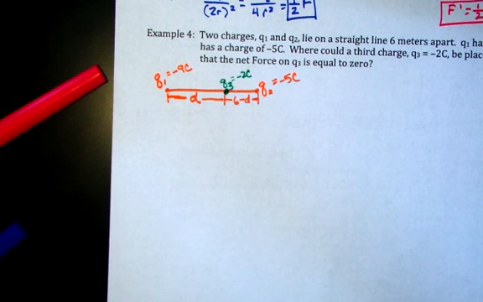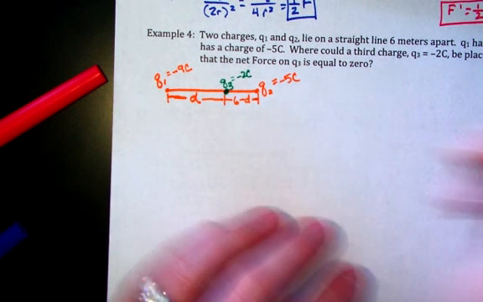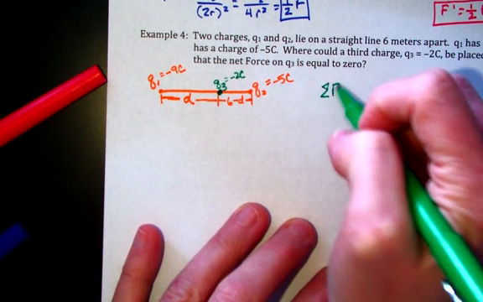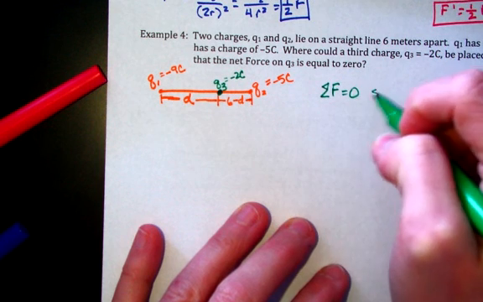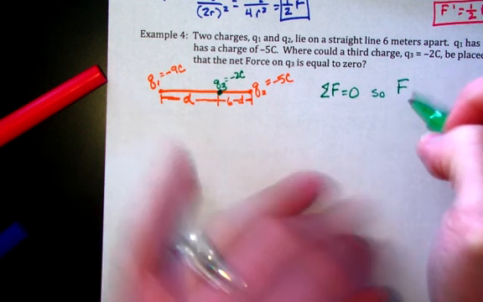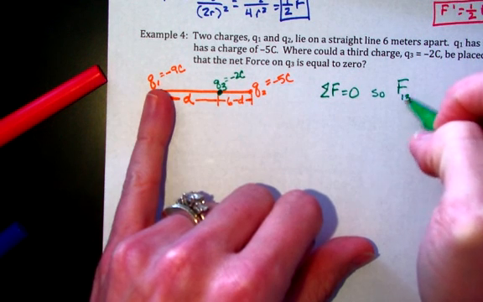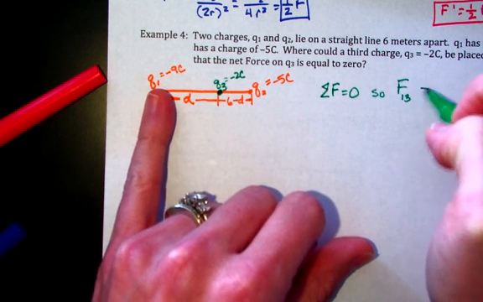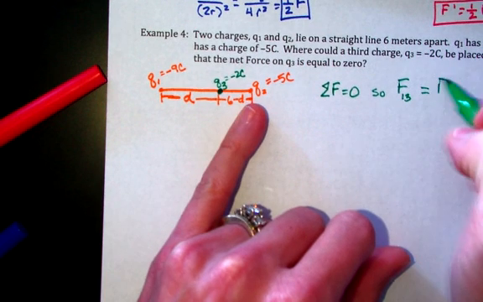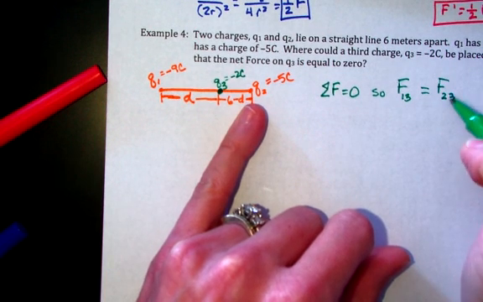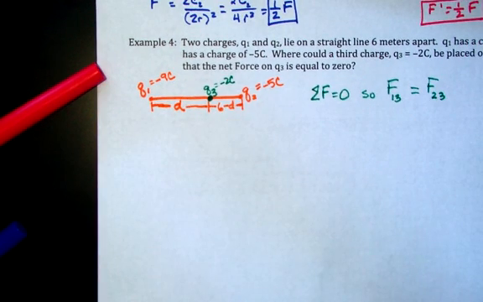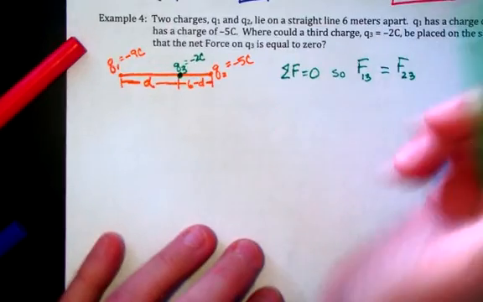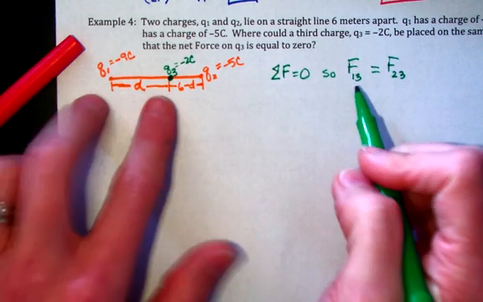All right, so we want the forces to be equal so we know the net force is 0, so we know that F of 1 on 3 has to equal F of 2 on 3. Using that, let's find F of 1 on 3.